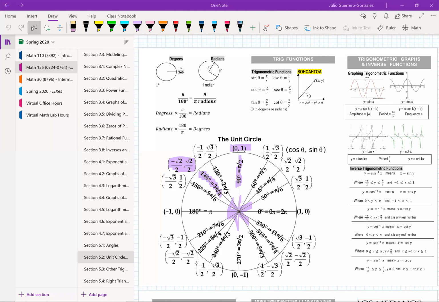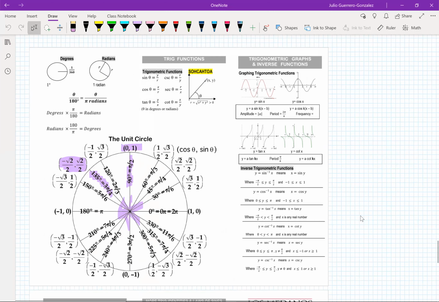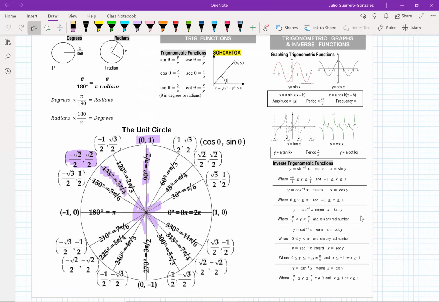Oh. So let me put the thing up again. You guys aren't looking at my screen yet, right? No. Let me share screen. Boom. Okay. So in section 5.2, I put this thing up there, right? It's supposed to be a trifold, so it's supposed to fold into like 3 pieces.